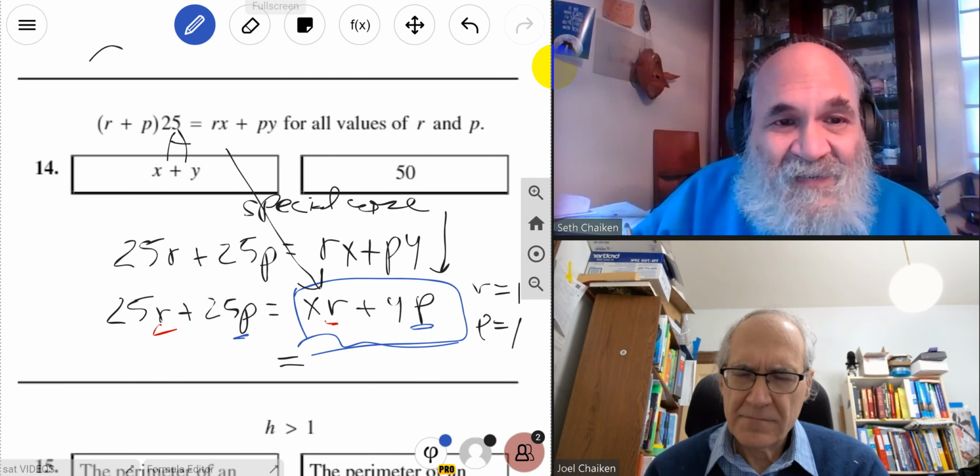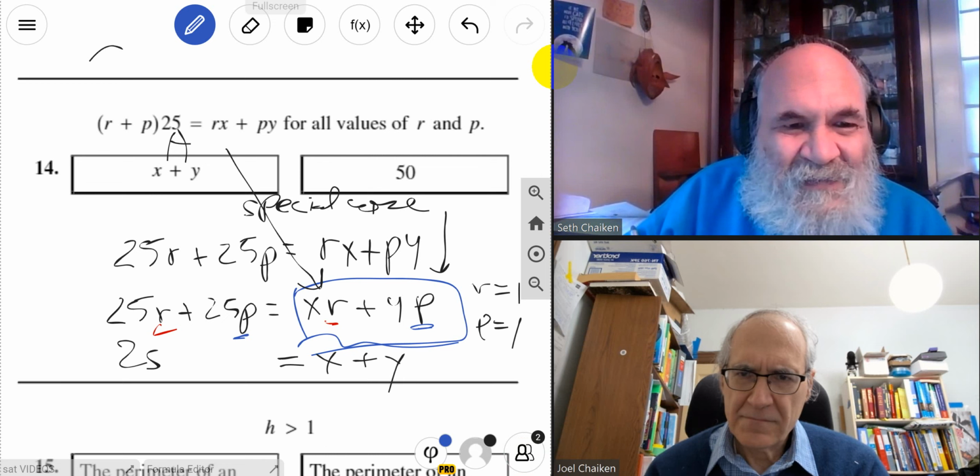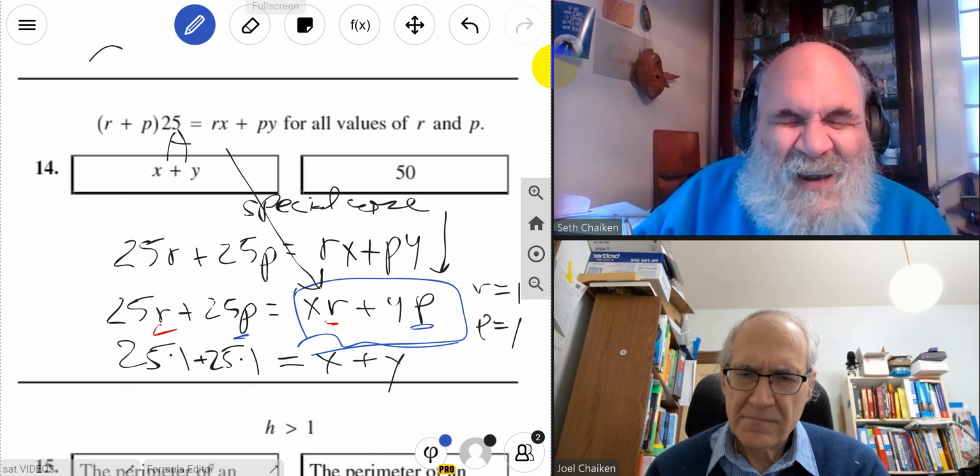This gives us x plus y equals 25 times 1 plus 25 times 1. So we could conclude from this being true that x plus y is 25 plus 25, which is 50.